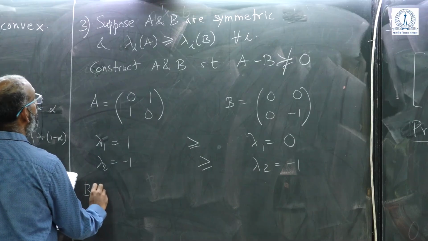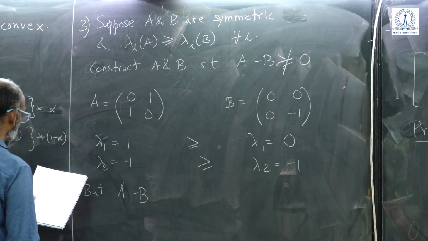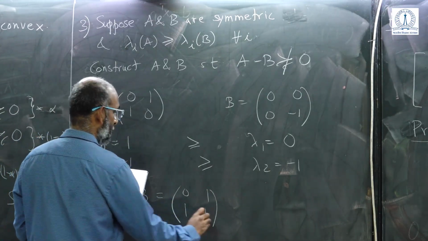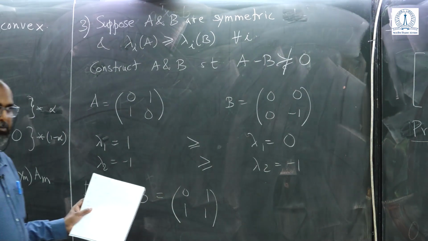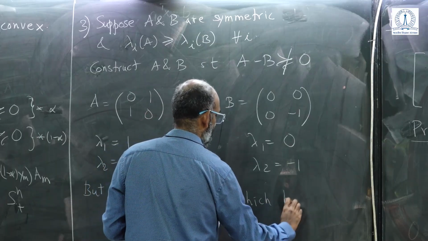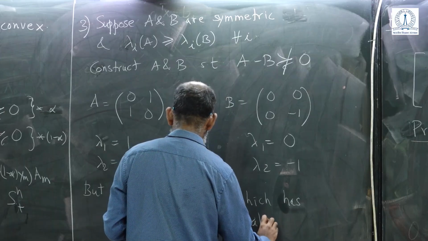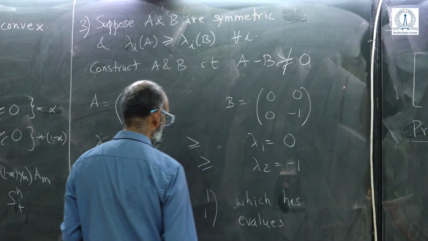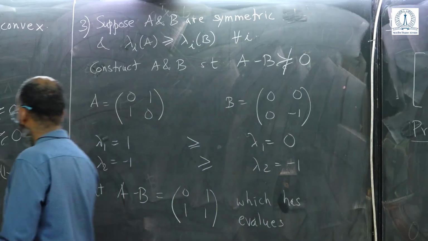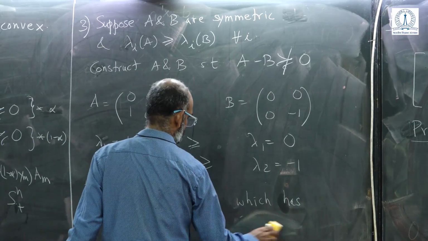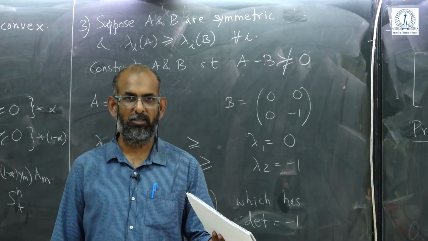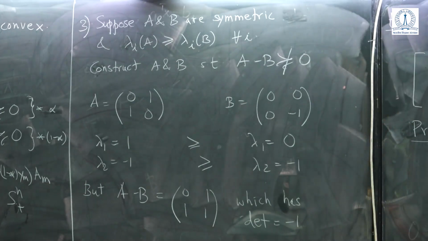But A minus B is 0, 1, 1, 1, which is not PSD. It has determinant -1, so it cannot be PSD. The product of the eigenvalues is negative.